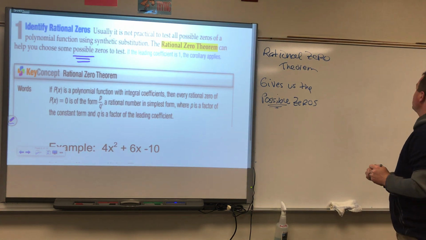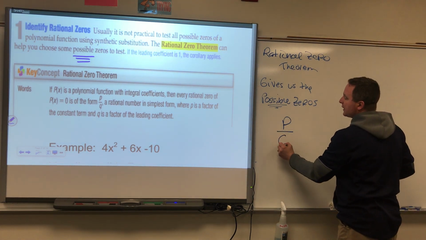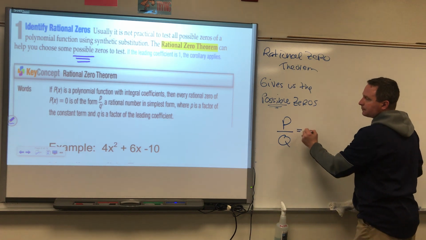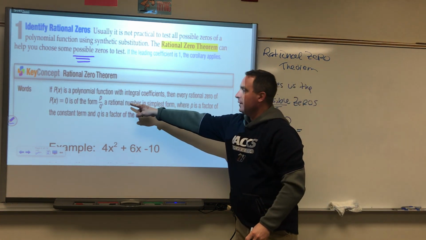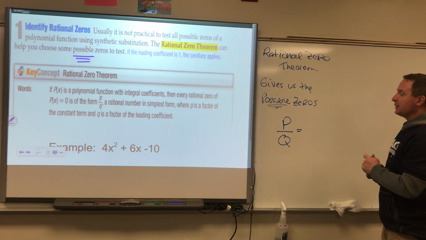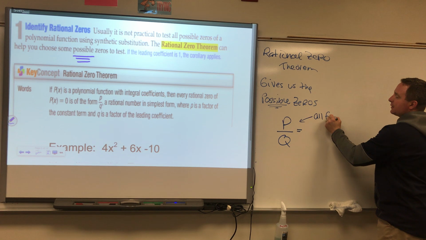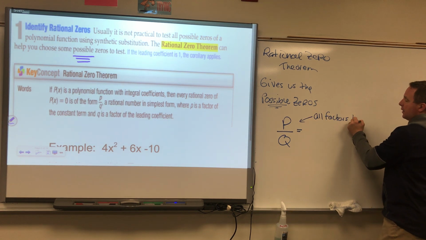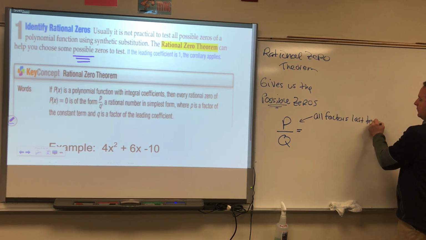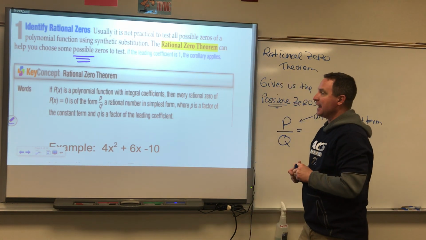And what they do is they take the form of P over Q. Okay, and that's what this is saying right here. Where P is a factor of the last term. P is all factors of the last term, which in this case would be 10. It's the constant at the end.